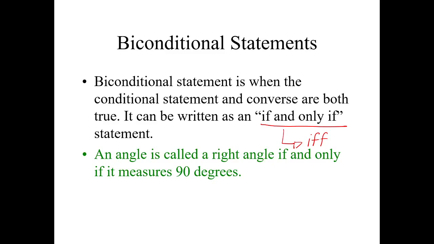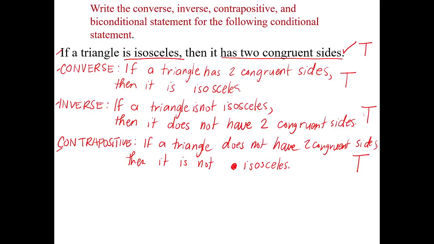Rosales, sir. Go on, Rosales. If an angle is called isosceles if and only if it has two congruent sides. Okay, let me write it down.